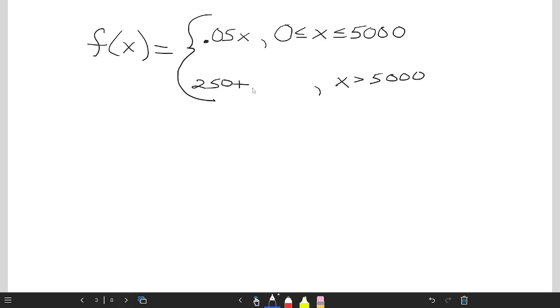So this will be 0.10 times x minus 5,000. So this is how we would write the function in function notation.